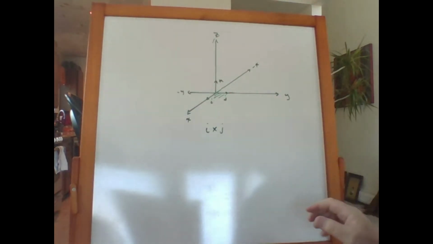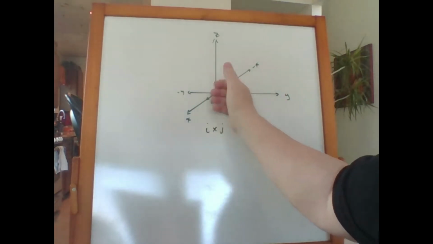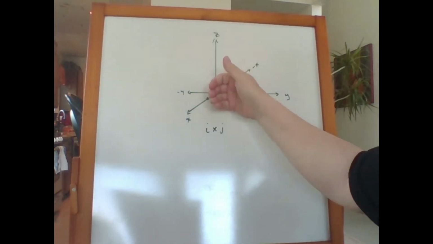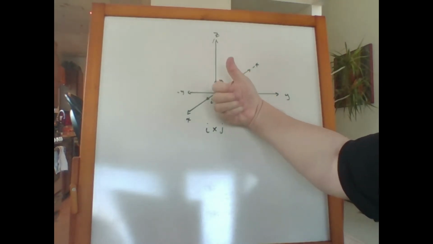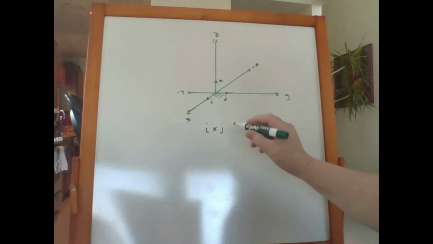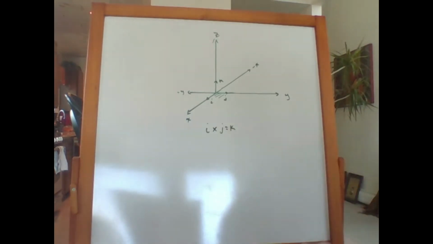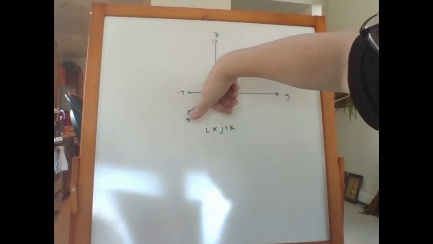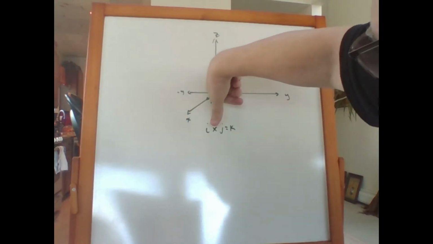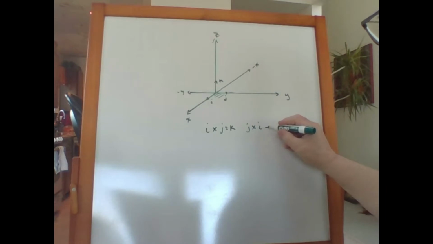You use your right hand and you turn from I into J, and the direction your thumb points is the direction of the resulting vector. So I cross J is K. J cross I is downward. You see my thumb's downward. So J cross I is negative K.